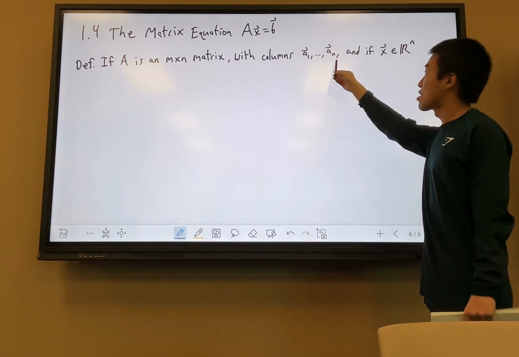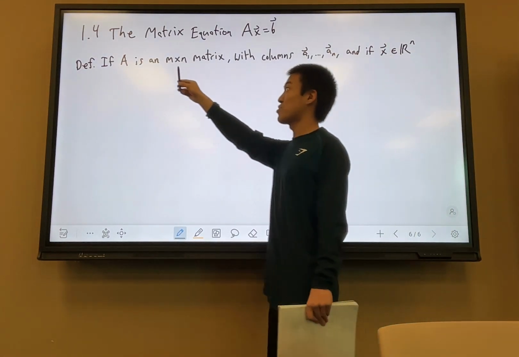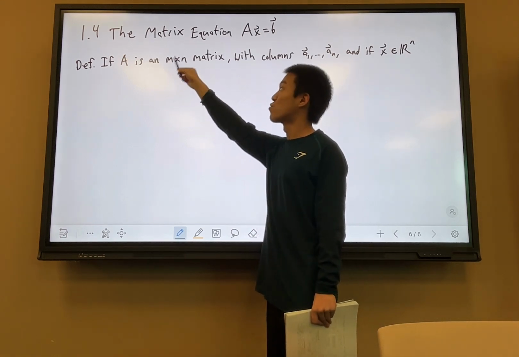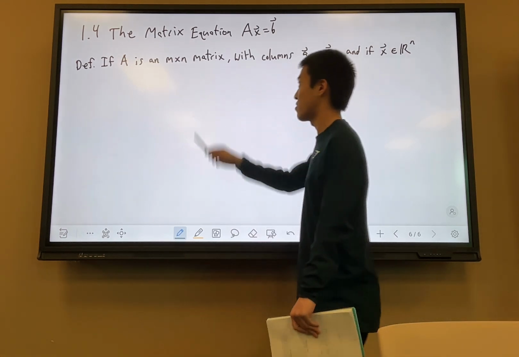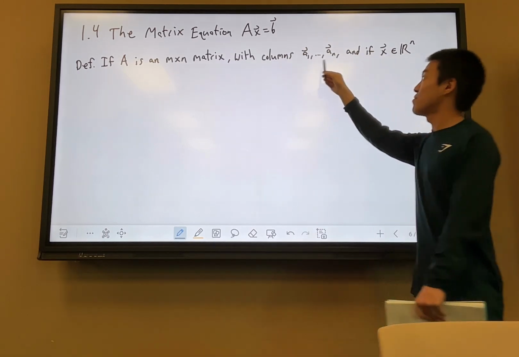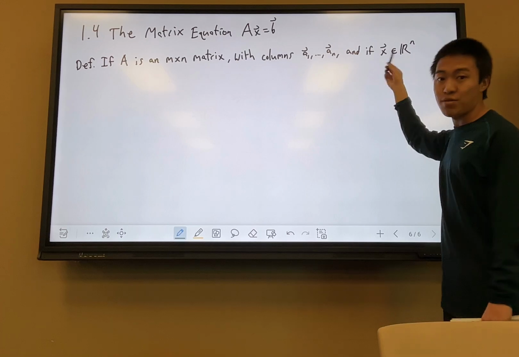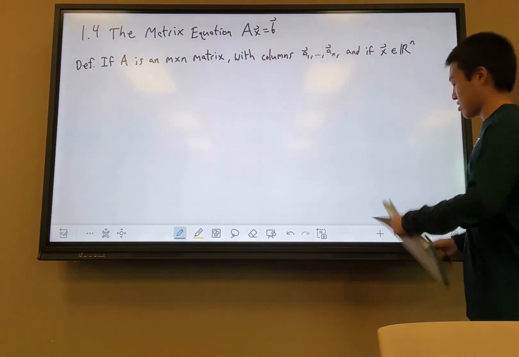I have n column vectors because that's what it means for a matrix A to be an m by n, rows by columns. So if n is the number of columns, that's how many columns I should expect to have as column vectors, and that's exactly how many entries I would want my x vector to be.